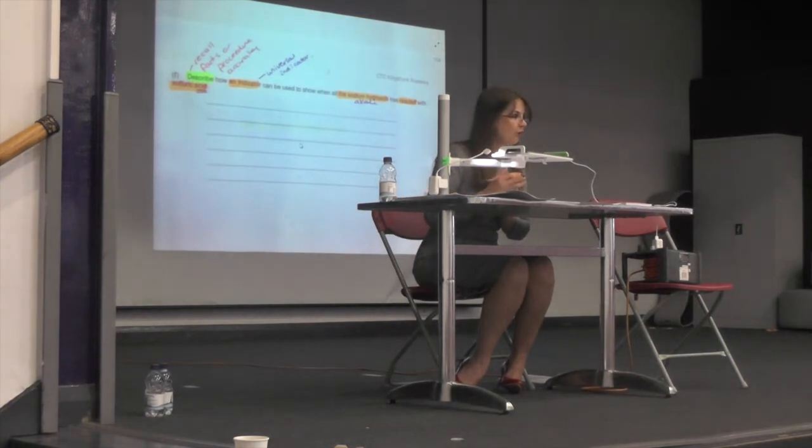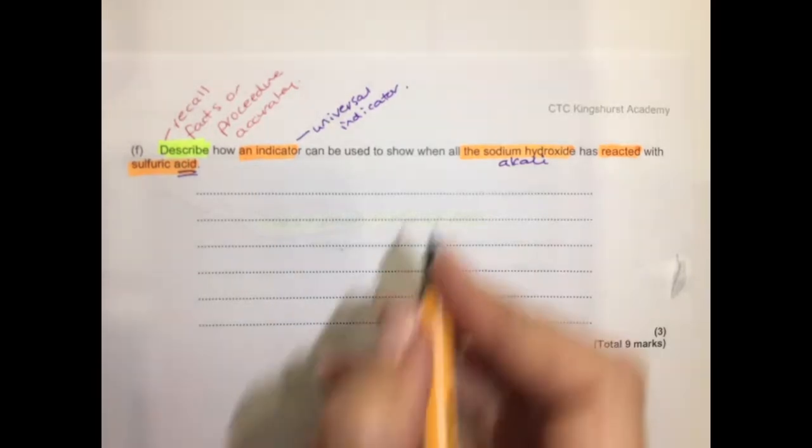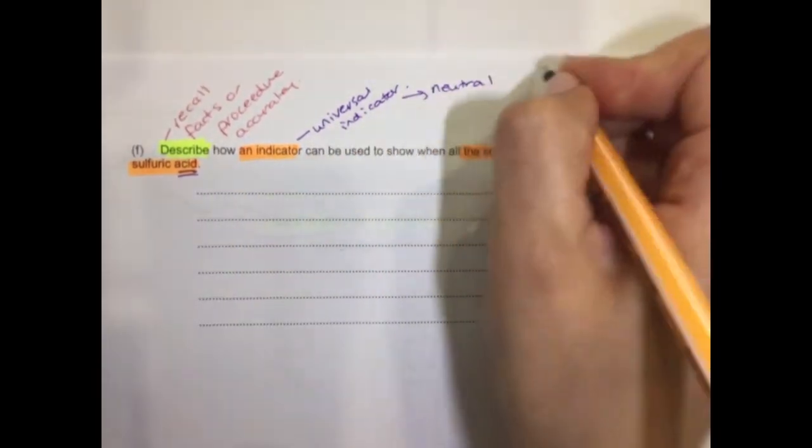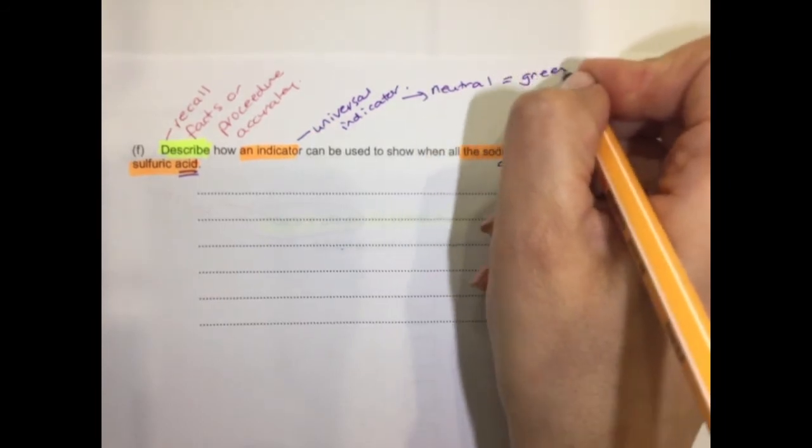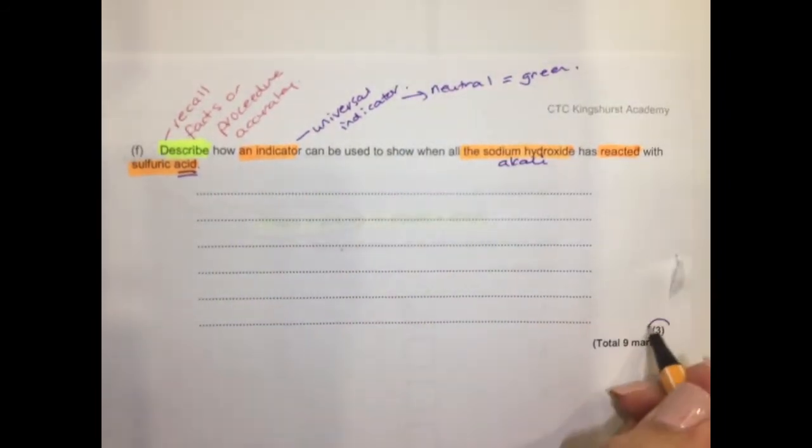And then what you've got to do is see how much of the other one it takes before it goes what colour? What colour does universal indicator go when it's neutral? Green. Okay, and so neutral equals green.